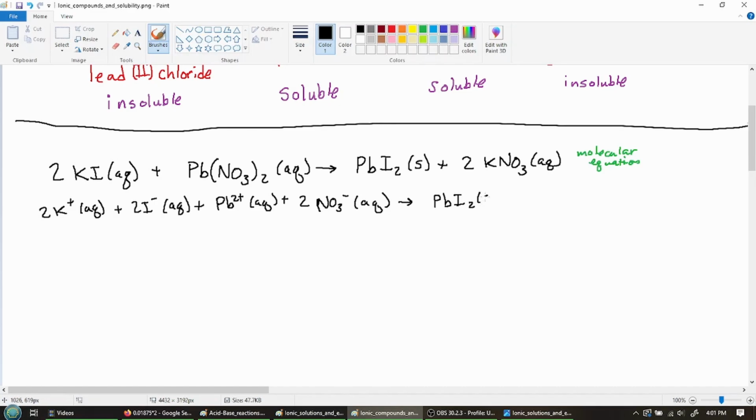So this one's not going to split apart again. It's not soluble after all. But the potassium nitrate will. This is going to split apart into 2 potassium ions and 2 nitrate ions. And so this is what we could label our complete ionic equation.